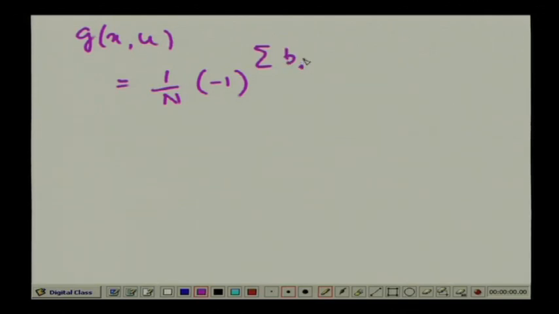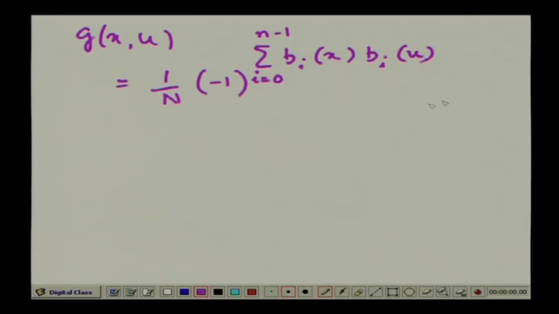As we have seen, the one dimensional Hadamard transformation is given by g(x,u) is equal to 1 upon capital N minus 1 to the power summation b_i(x) into b_i(u), where i varies from 0 to lowercase n minus 1. And let me mention here that all these additions that we are doing, these summations follow modulo 2 arithmetic. That means, these summations are actually nothing but ORing operation of different bits.